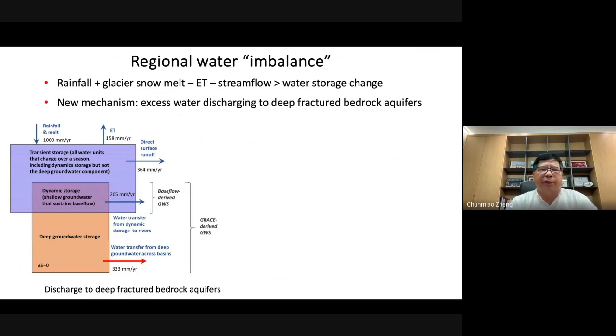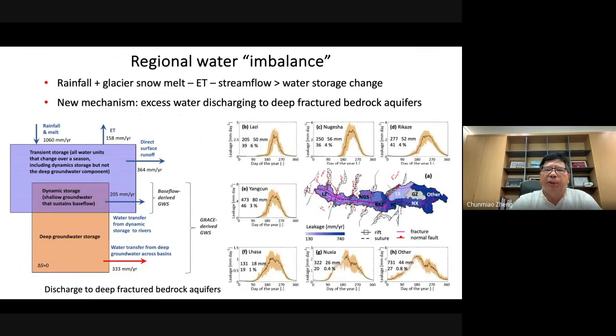So we hypothesize, and we are pretty confident this is right, that a significant amount of water is actually discharged out of this basin through deep fractured bedrock aquifers, because this basin has a lot of big, very deep faults, and they might carry some groundwater out of the basin. So this basin is not a closed basin. You cannot do a simple water balance. You need to look at the large region. We published this work also in WRR, on regional imbalance.